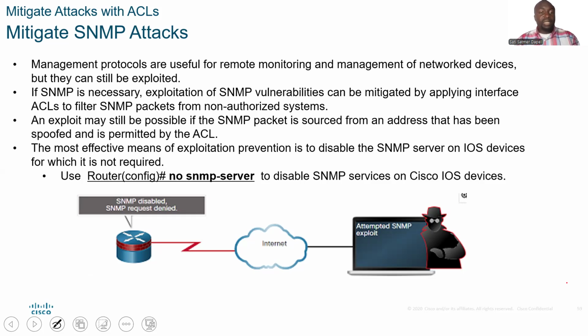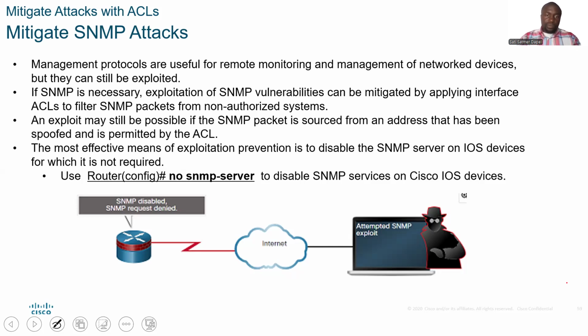An exploit may still be possible if the SNMP packet is sourced from an address that has been spoofed and is permitted by the access list. The most effective means of exploitation prevention is to disable the SNMP server on the IOS devices for which it is not required. If it is required, enable it. If it is not required, disable it on those particular routers or switches.